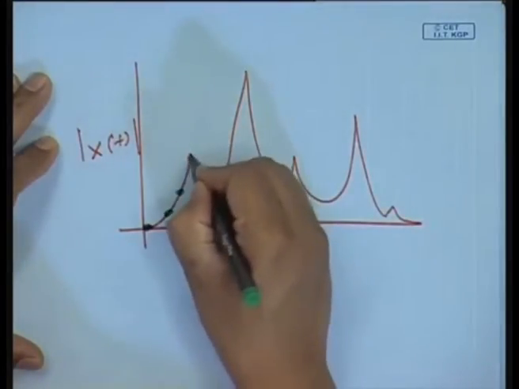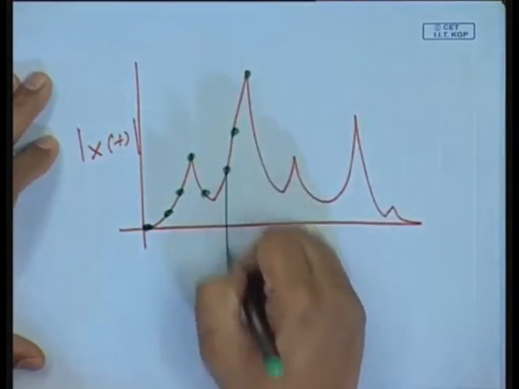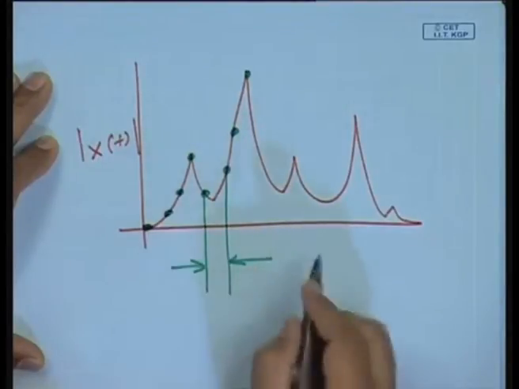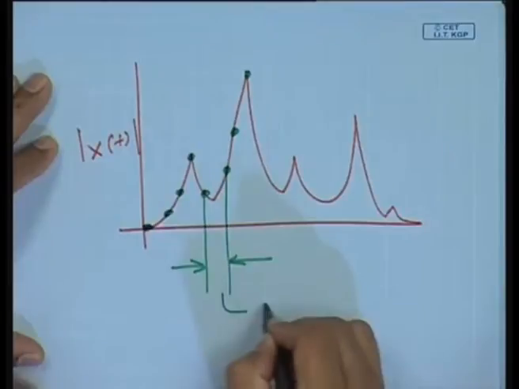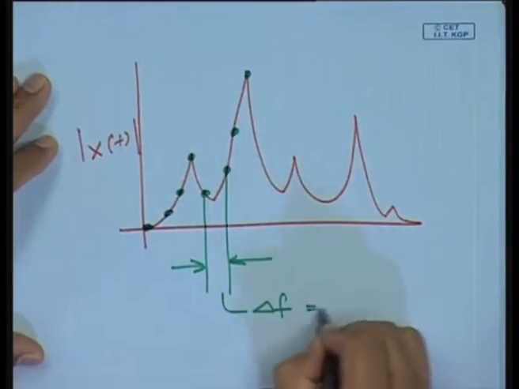So, there are all these individual frequency points. This is now not equal to delta t, but this is delta f, which is the frequency resolution.